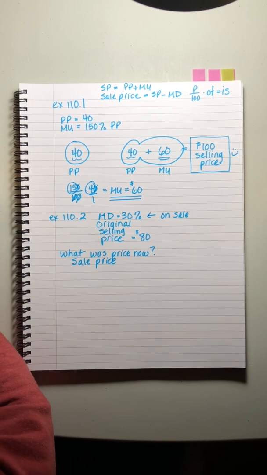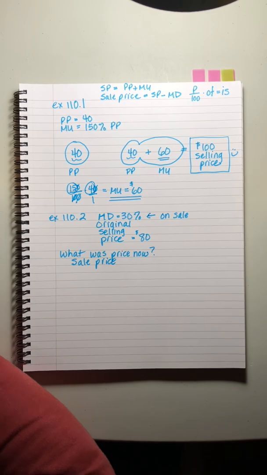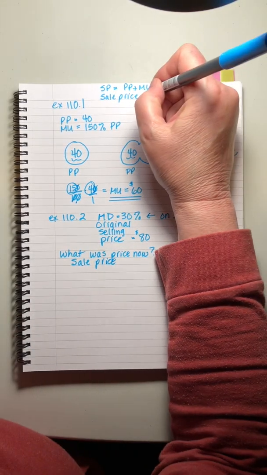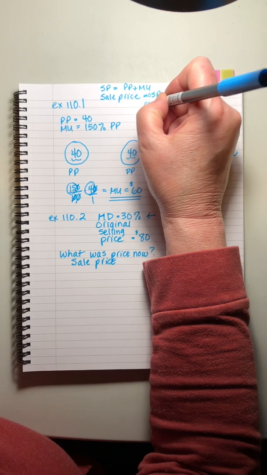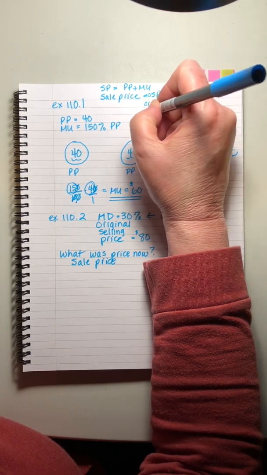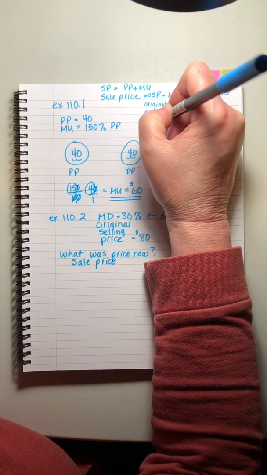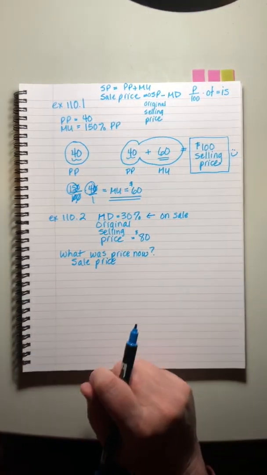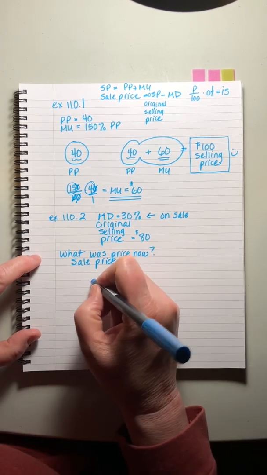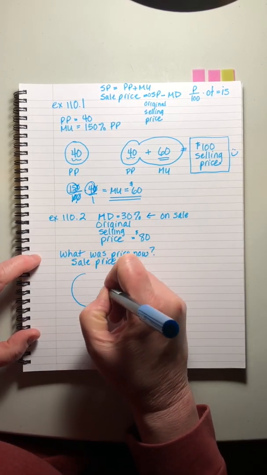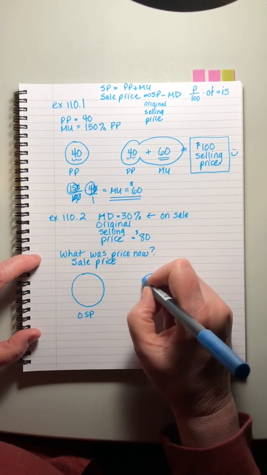And I'm going to amend this formula ever so slightly because the more I think about it, the more I like it. This should be original selling price. Okay, that's this number. So this time what we're doing is we're taking that original selling price, and we're dividing it.